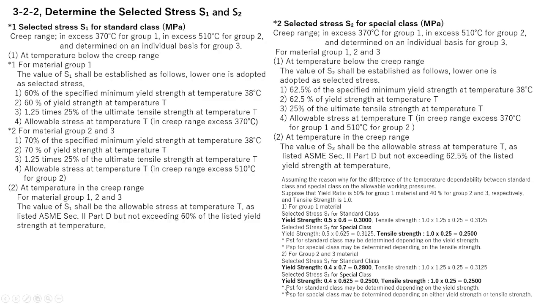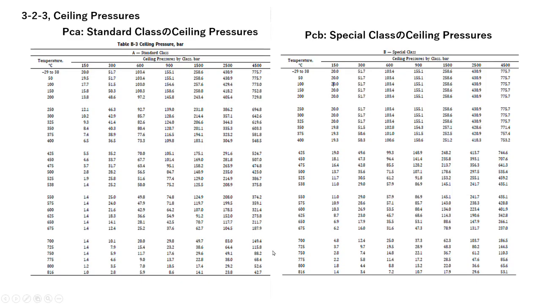So allowable working pressure for standard class may be determined depending on the yield strength here. So working pressure for special class may be determined depending on either yield strength or tensile strength. Here we look at the ceiling pressure, PCA standard class ceiling pressure.